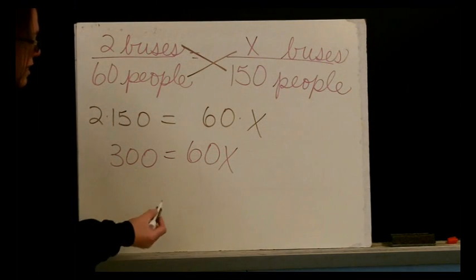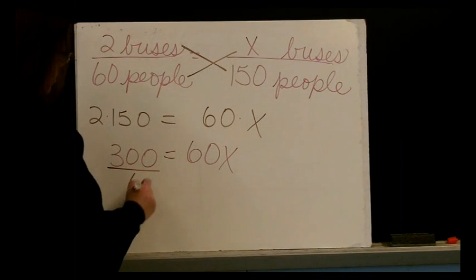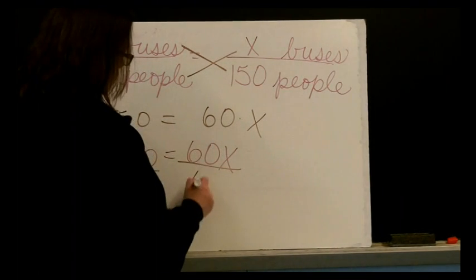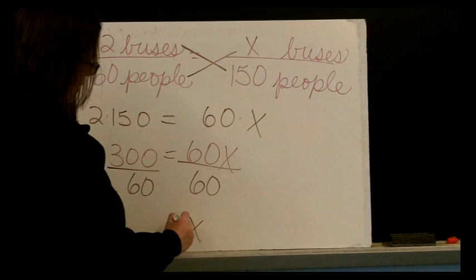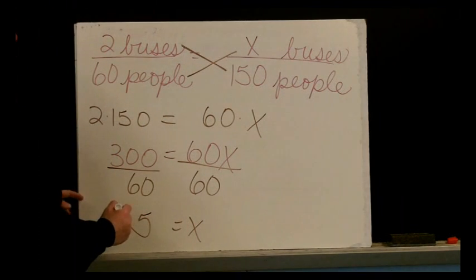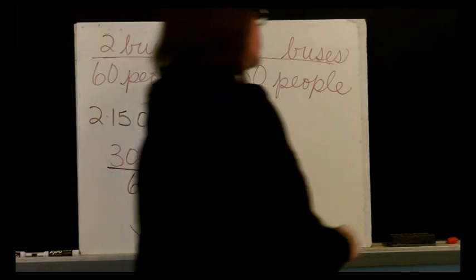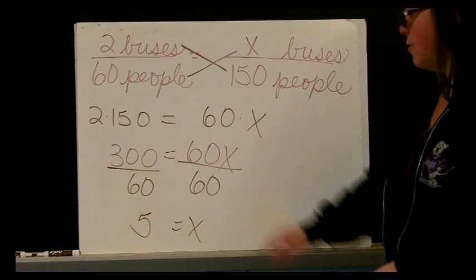Because we want to get the x by itself, we are going to divide both sides by 60. And we find that x equals 5. So in order to bring 150 people to the trip, we will need to hire 5 buses.